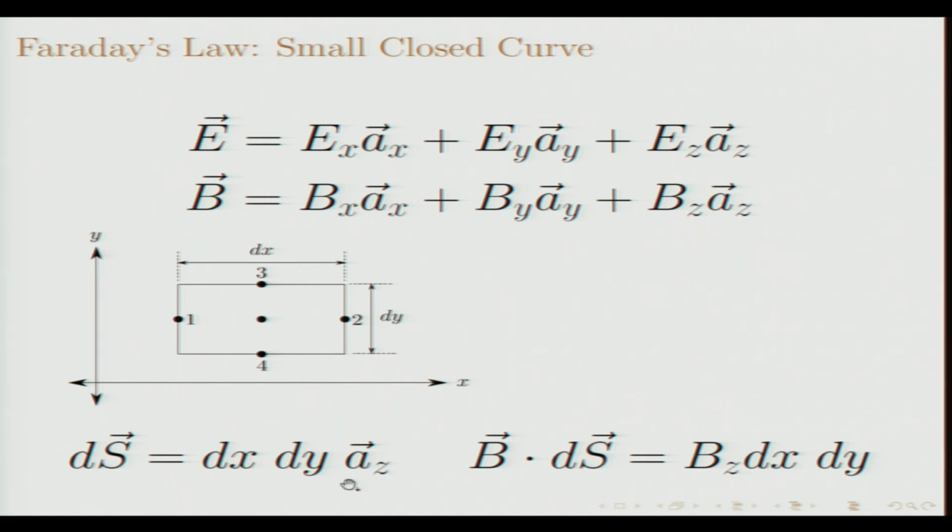Now, B dot ds: if you take the dot product of B at the point, we will assume that this curve is very small. So, B is almost the same everywhere in this curve.